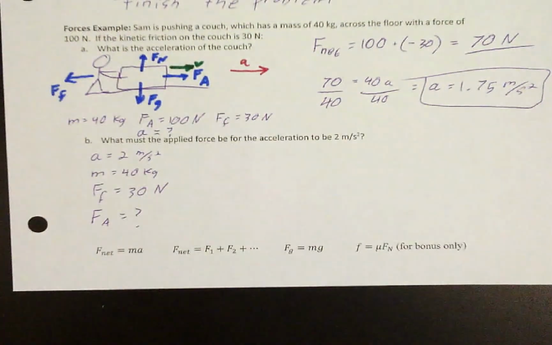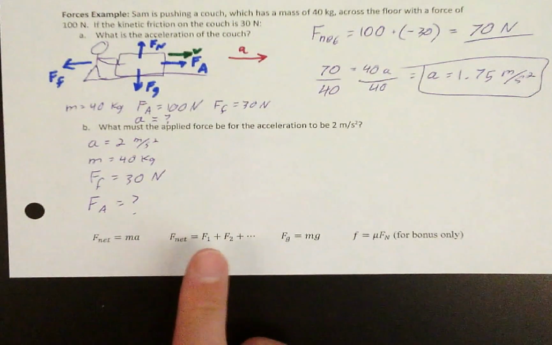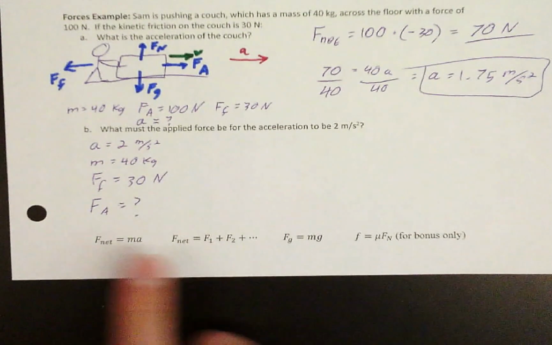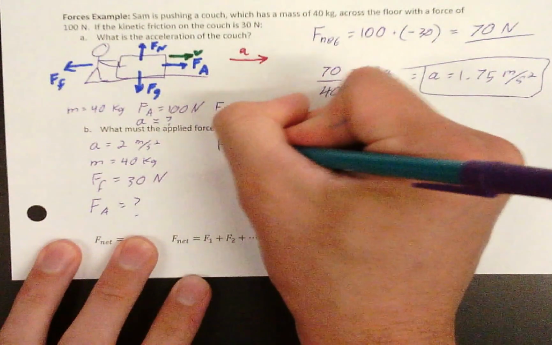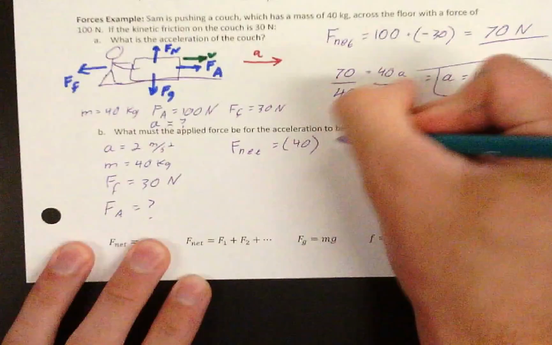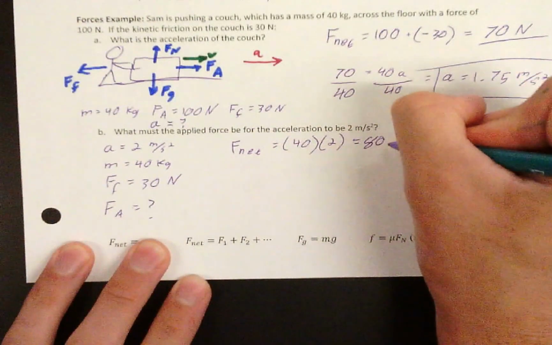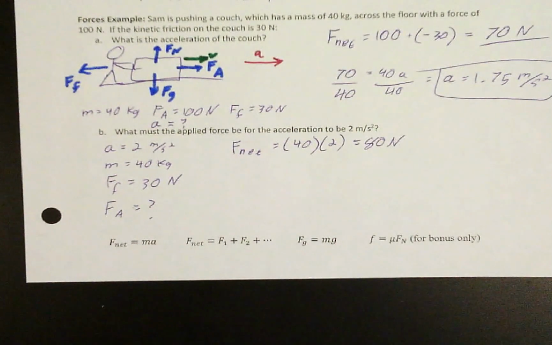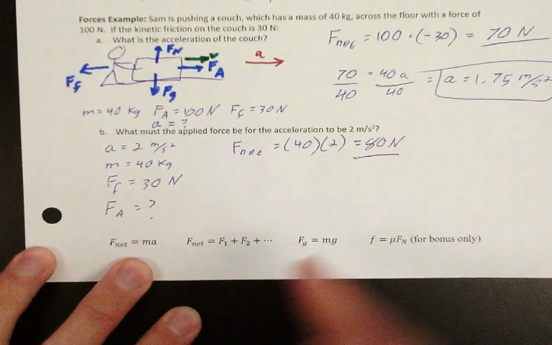So, just like before, I'm going to find the net force first. Well, I don't know all the forces acting, so I can't do this one. But I do know the mass and the acceleration. Mass is 40, acceleration is 2, gives me 80 newtons. And now that I know what the net force is, I can plug that in and find the missing force.